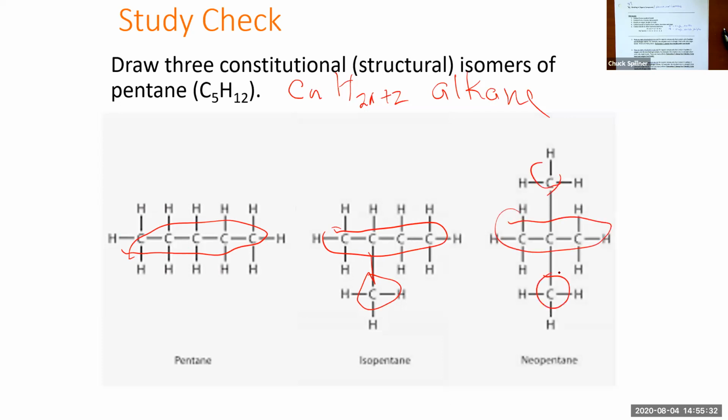So when we add one more carbon atom to come up with the formula C5H12, we end up with 3 isomers. So we've added one more. And as you add carbon atoms, you have more and more ways to arrange those carbon atoms. You end up with more and more isomers.